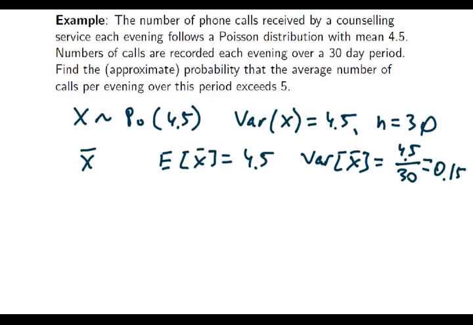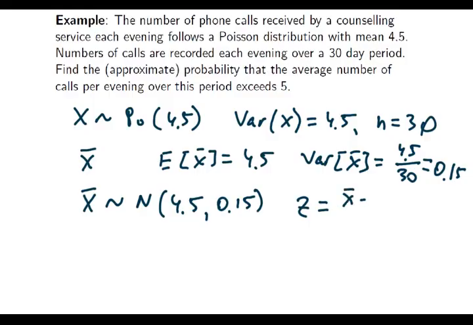Now, according to central limit theorem, x bar has approximately normal distribution with mean value 4.5 and variance 0.15. And therefore, we can introduce a random variable z, given by x bar minus mu divided by sigma divided by square root of n, which has approximately standard normal distribution.